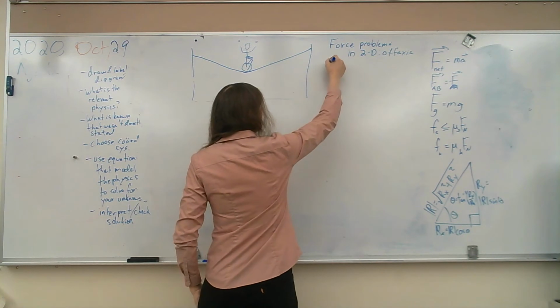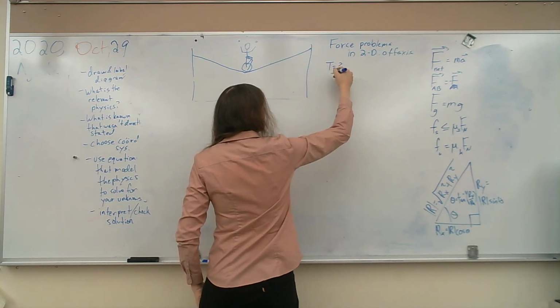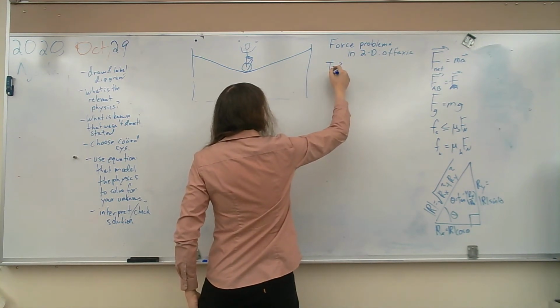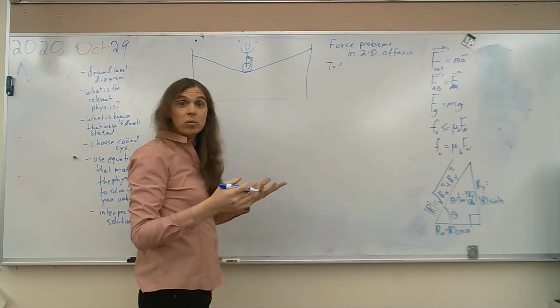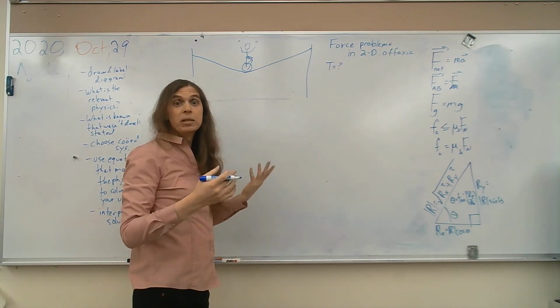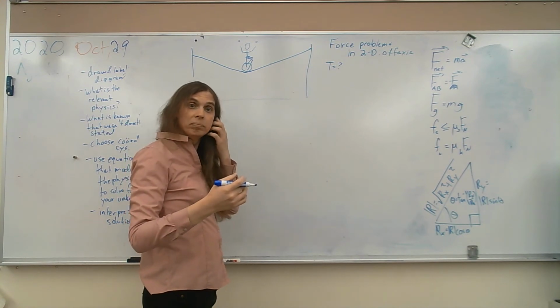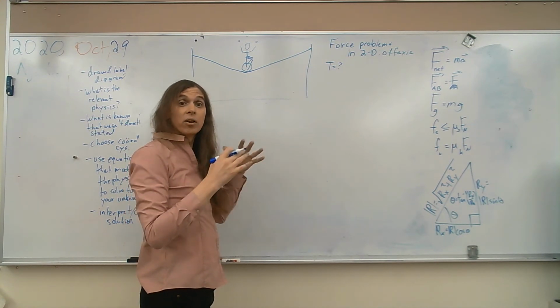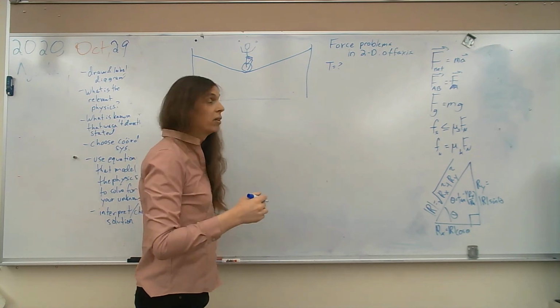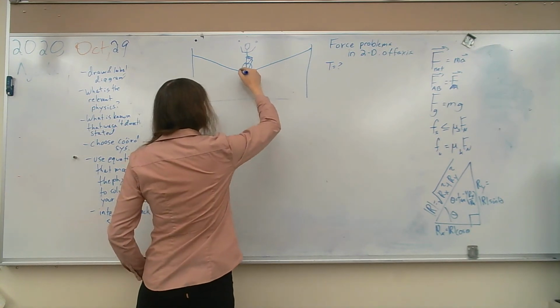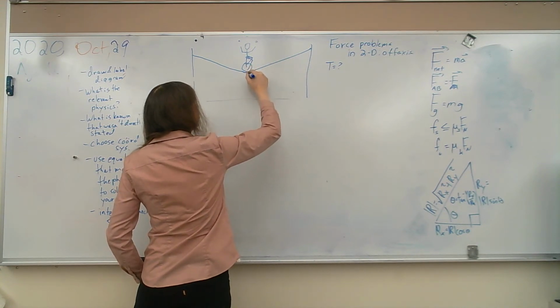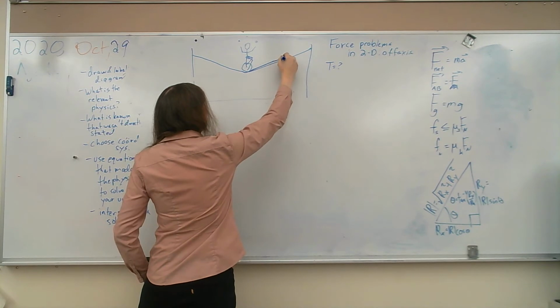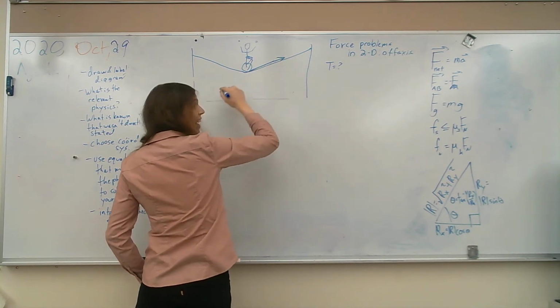So first thing we need to do in any sort of situation here, we're trying to find what the tension on the rope may be. We need to identify the different forces and start drawing them in first. So we've got tension in this rope, and it could be the same tension in both sides if the angles were the same.